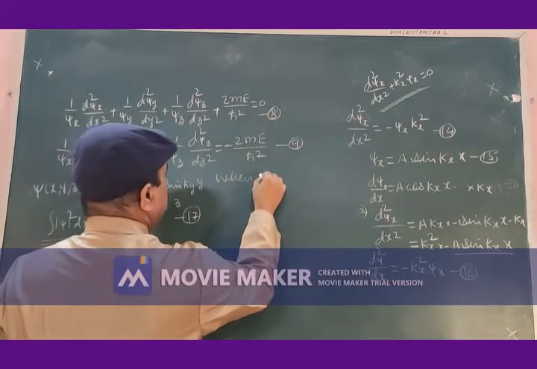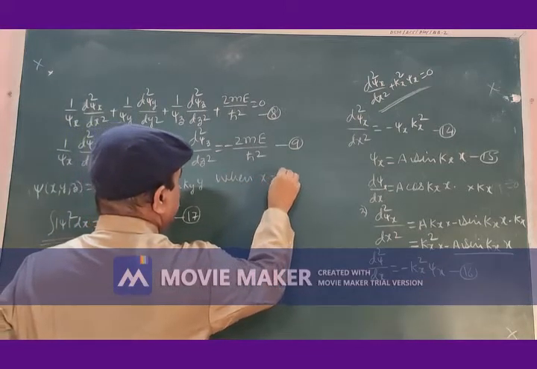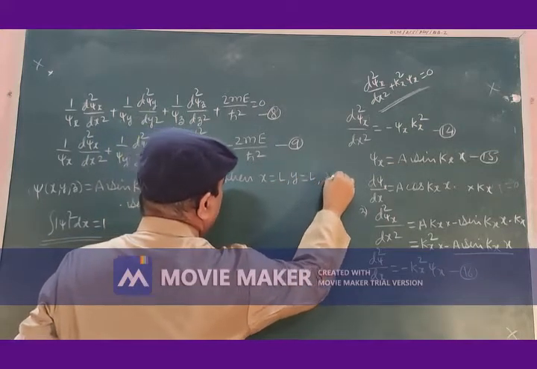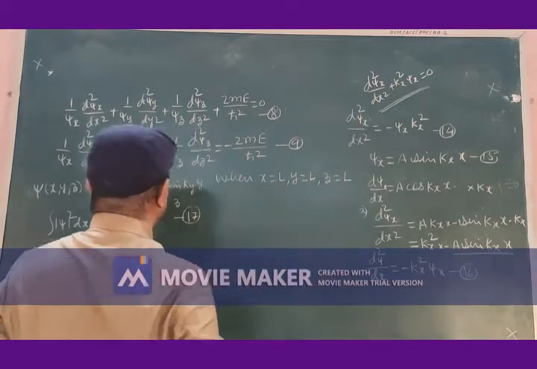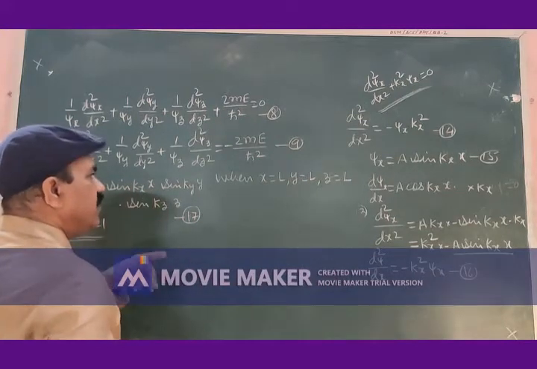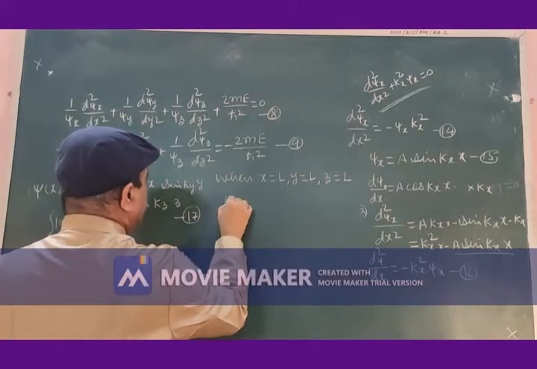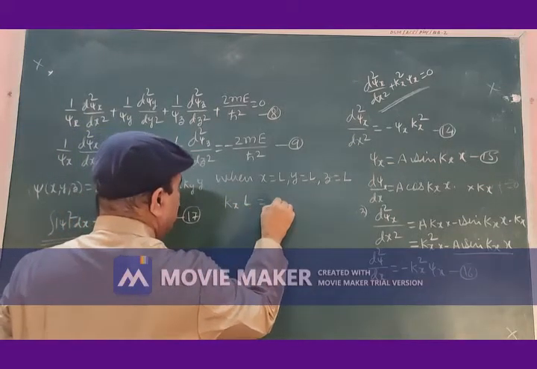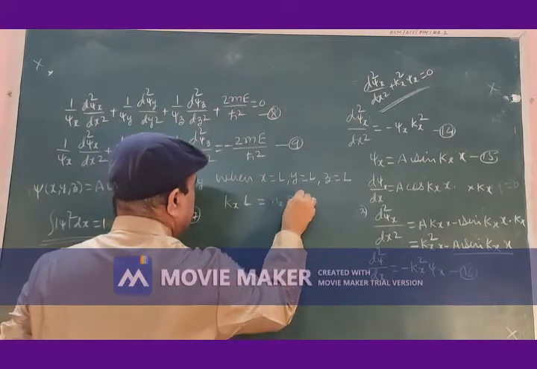when x is equal to L, y is equal to L, z is equal to L, sin kx x will be equal to 0 if kx into L is equal to nx pi.